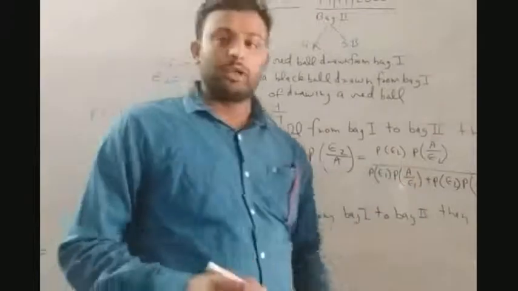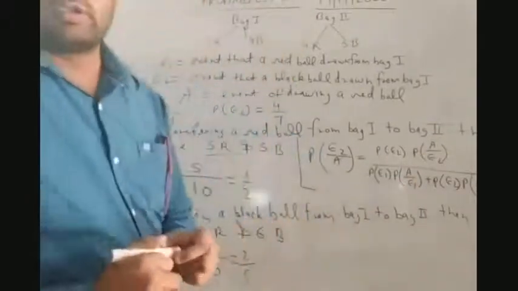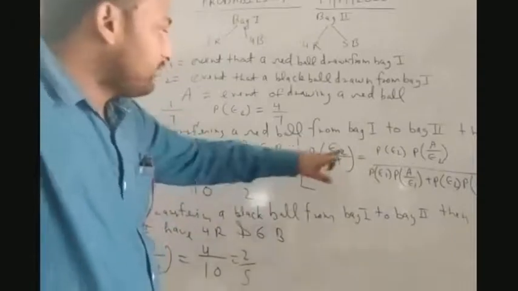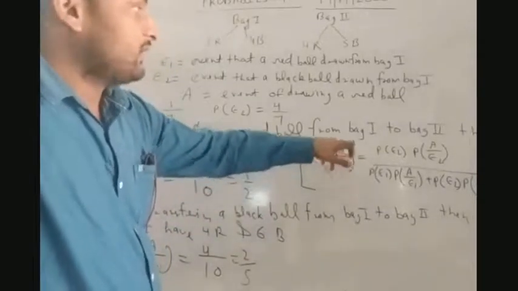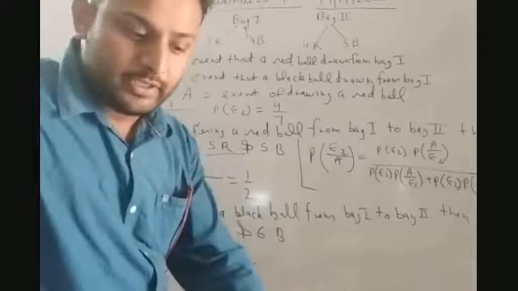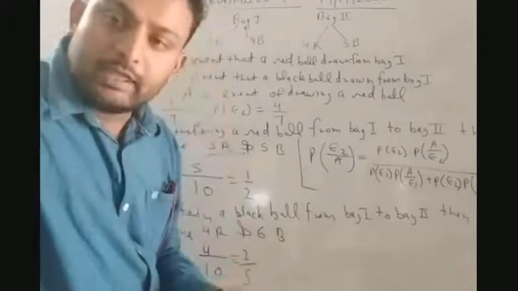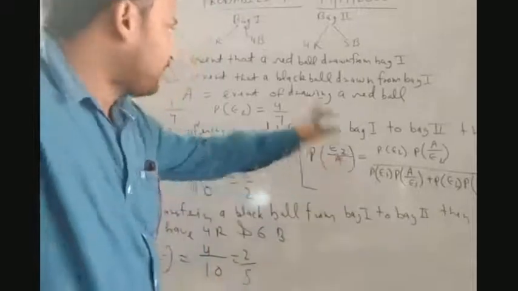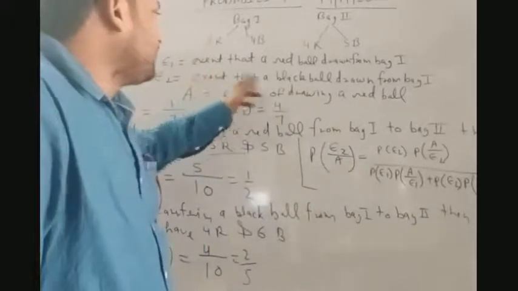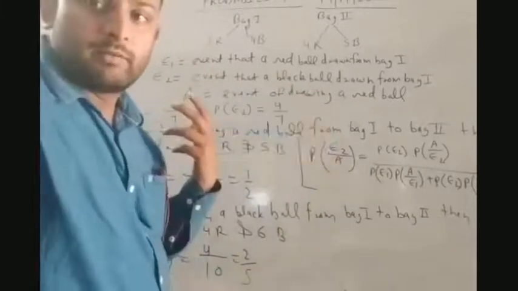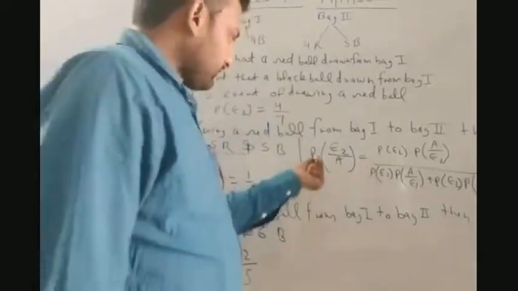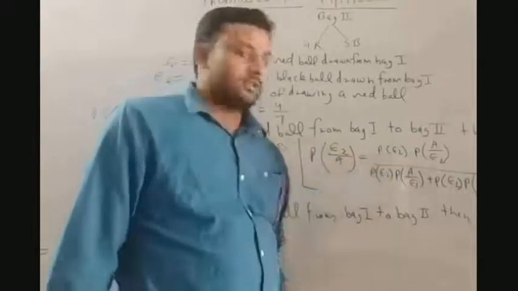This is our formula, Bayes theorem, because we have to find the probability that a black ball is transferred from the first bag to the second bag. So we have considered the event E2 for a black ball being drawn from bag first.